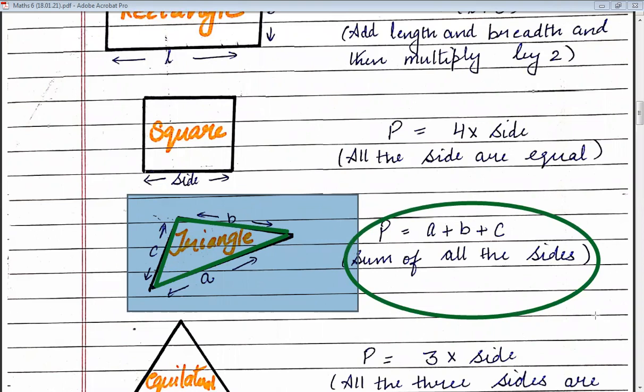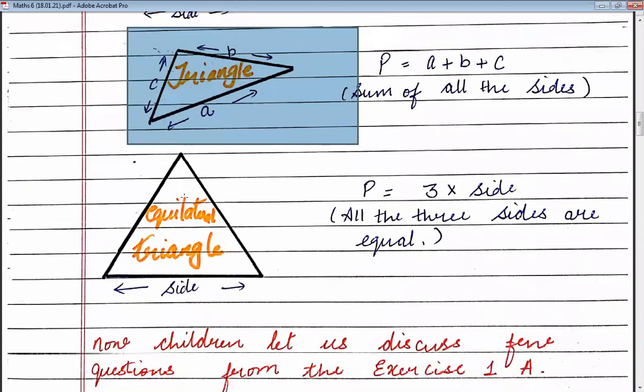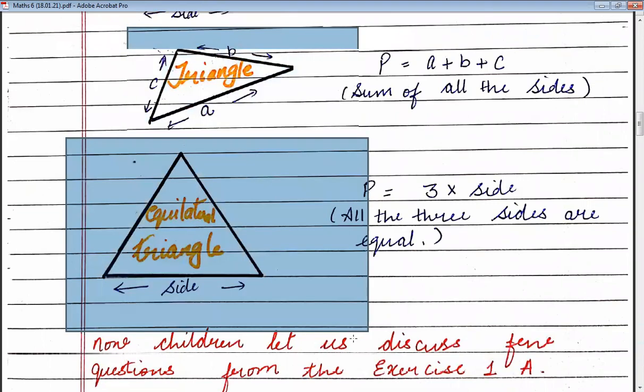In scalene triangle, you just have to add all the three sides, A plus B plus C. Now is it clear? Now let's move on to our equilateral triangle. Now children, in equilateral triangle, you know that all the three sides are equal. What is an equilateral triangle?